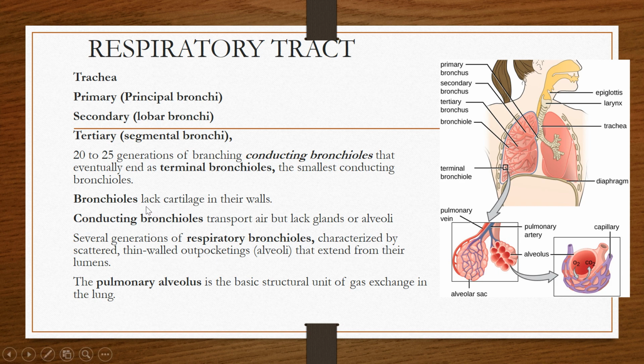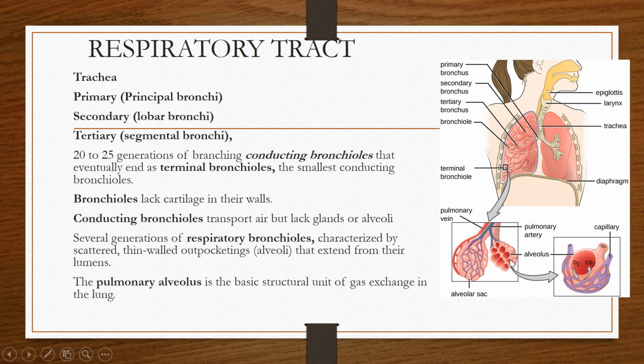The bronchioles lack cartilage in their walls. You will study it in histology. Conducting bronchioles, which are the terminal bronchioles, transport air but lack the glands or the alveoli. But when the terminal bronchioles divide up to several generations, they will form respiratory bronchioles, which are characterized by scattered, thin-walled out-pocketings called alveoli that extend from their lumen.